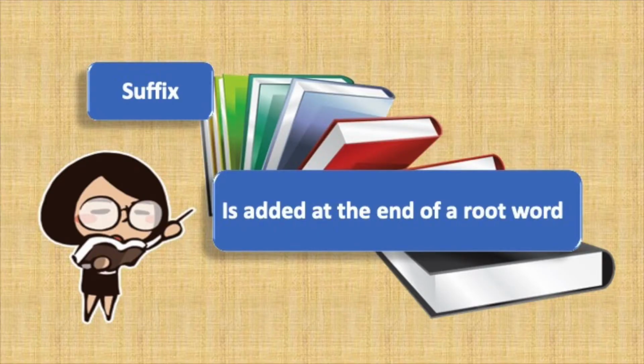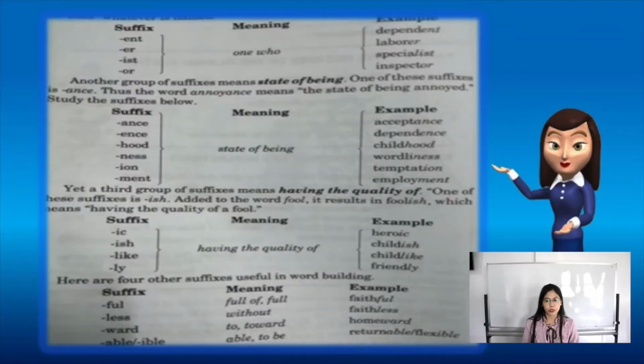Another thing is the suffix. It is added at the end of a root word. I have provided here some examples of suffixes together with their meanings and newly formed words. You may notice that by adding suffixes to our root words, it changed their form. From a noun, it can become a verb or an adjective.